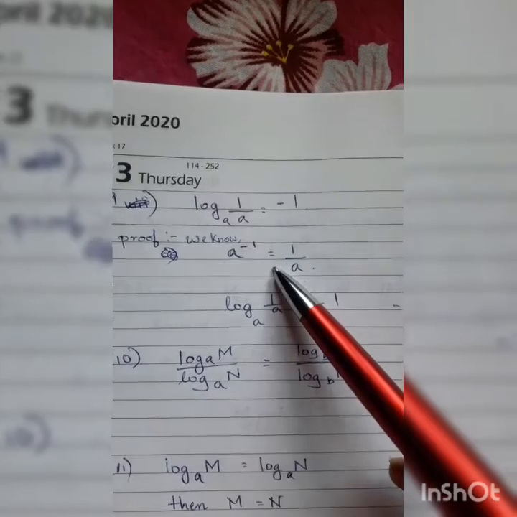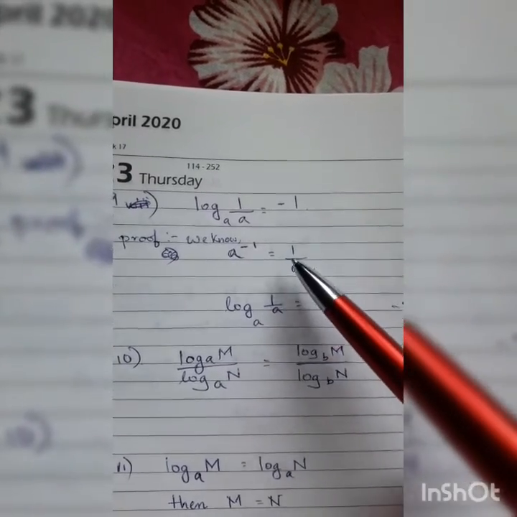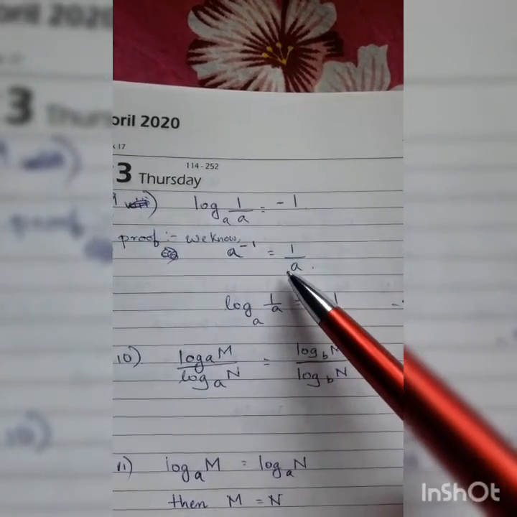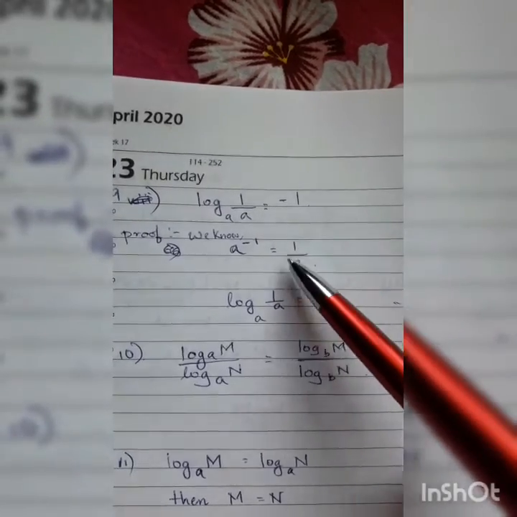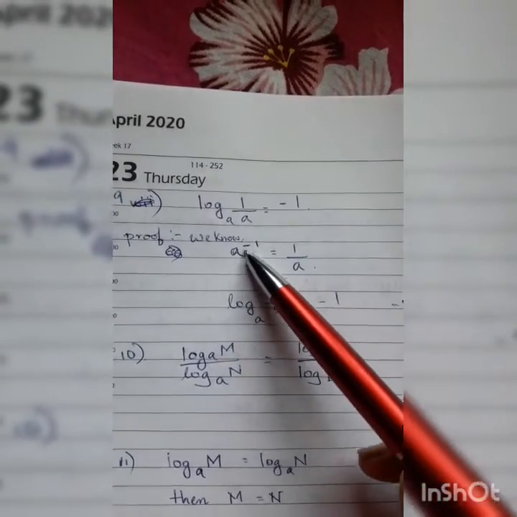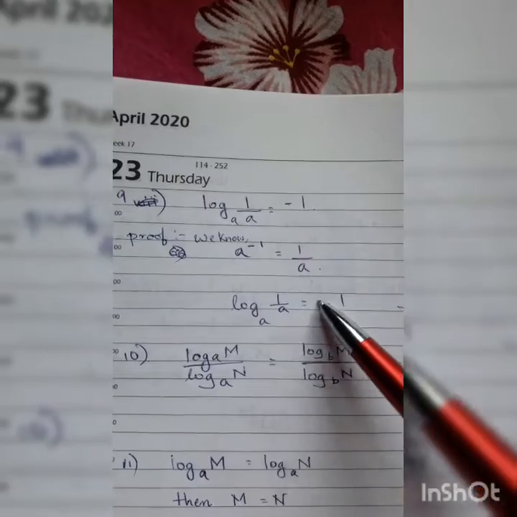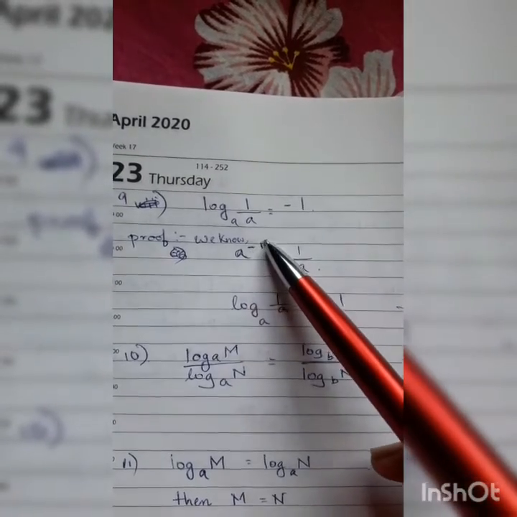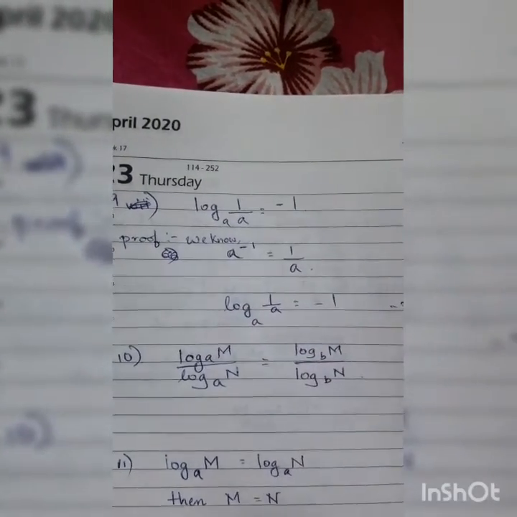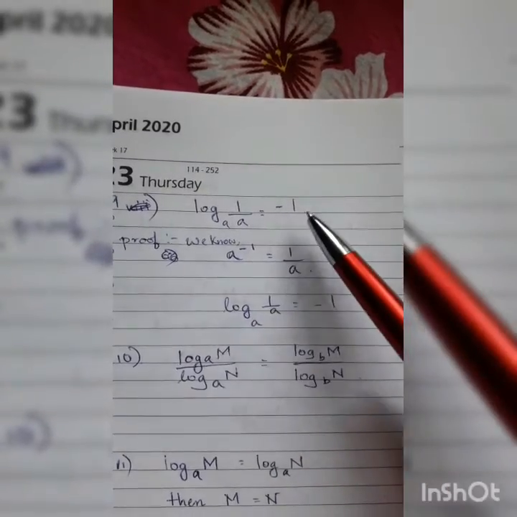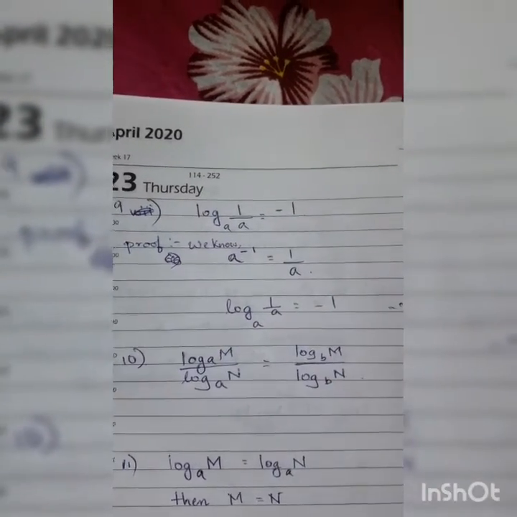If this holds true, then from the definition of logarithm we can say log 1 by a to the base a is equal to the power minus 1. So that is how we are getting our formula.